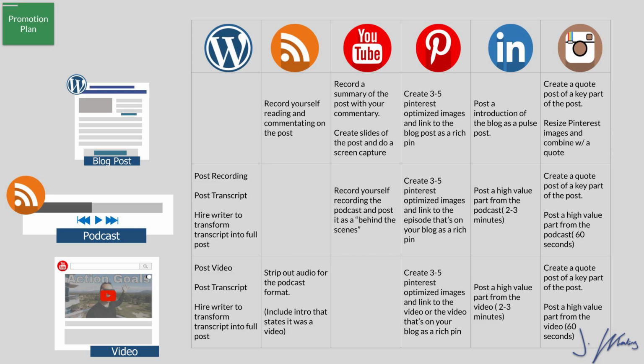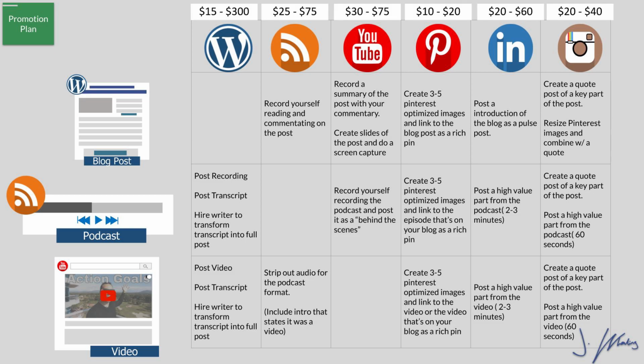And here's a quick rundown of how much it would cost if you decided to delegate this per post. Now, obviously, a WordPress blog post is going to be the most expensive because this is going to be where someone's taking a transcript and they're turning it into a written post. And social media platforms like Pinterest, LinkedIn, and Instagram are not going to cost as much because there's not as much work involved turning a YouTube video or podcast or blog post into a quick post on one of those platforms.